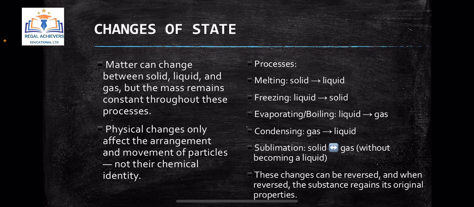Changes of state. Matter can change between solid, liquid, and gas, but the mass remains constant throughout this process. Physical changes only affect the arrangement and movement of particles, not their chemical identity.